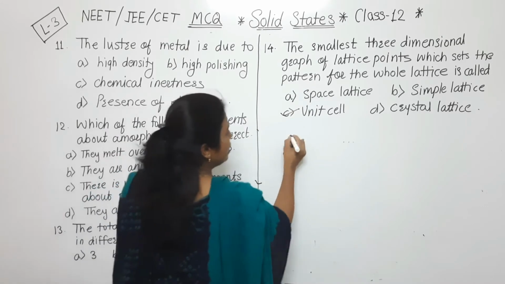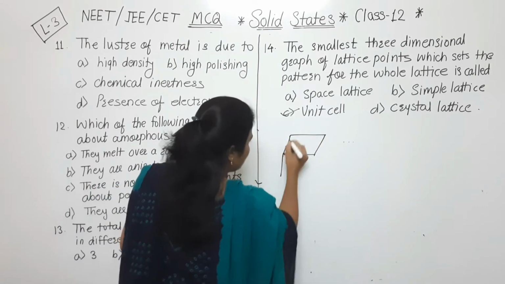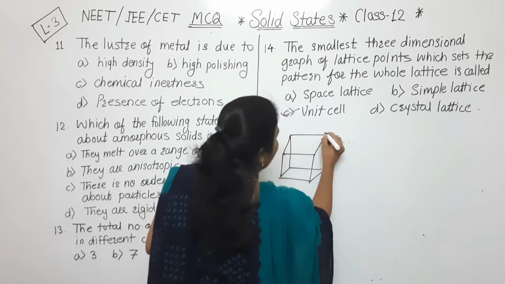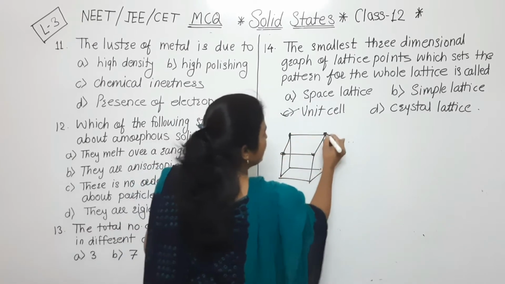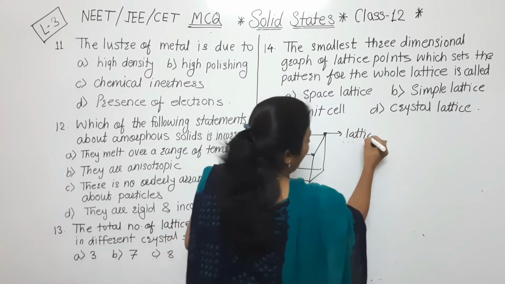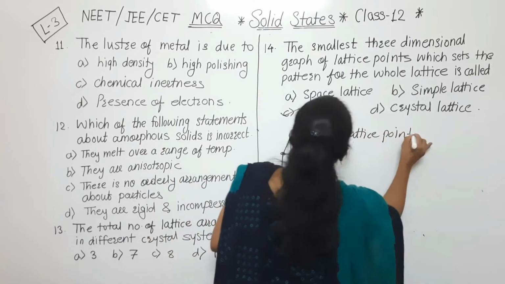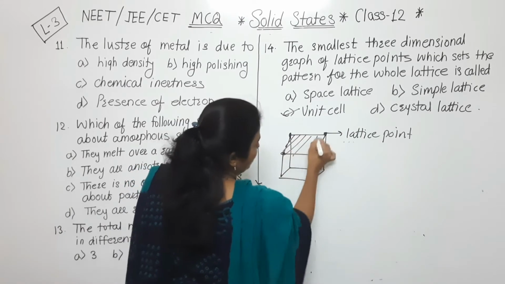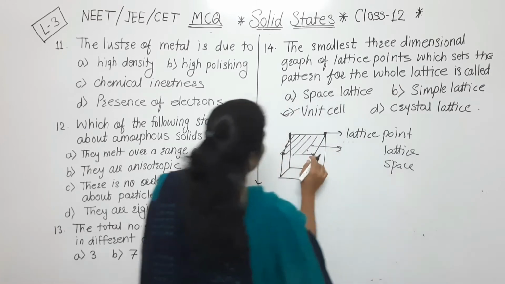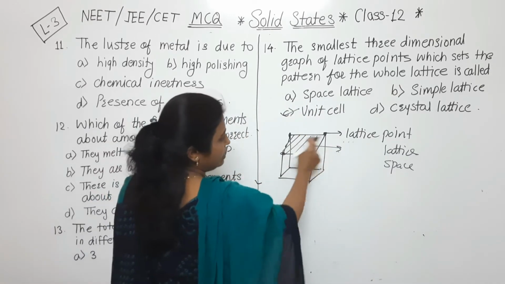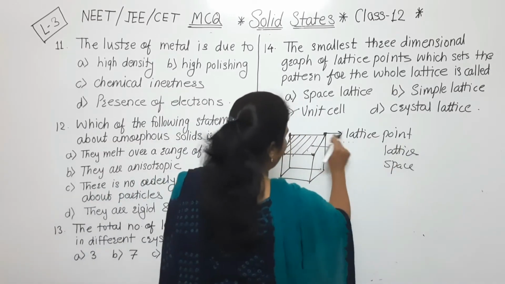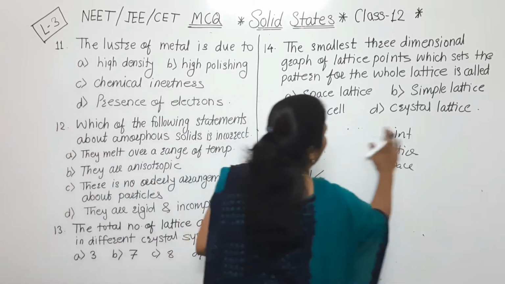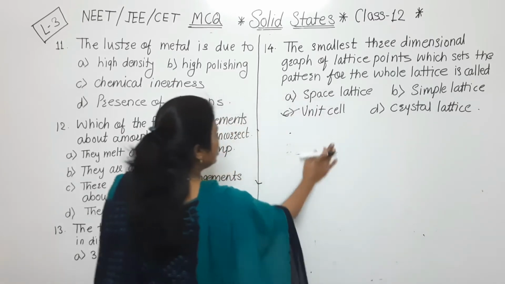But if we consider the structure of the unit cell, in that these points are called lattice points, and whatever space is there, this space is called lattice space. So in that we have denoted the lattice point and also the lattice space. So here we have completed the definition of the unit cell.